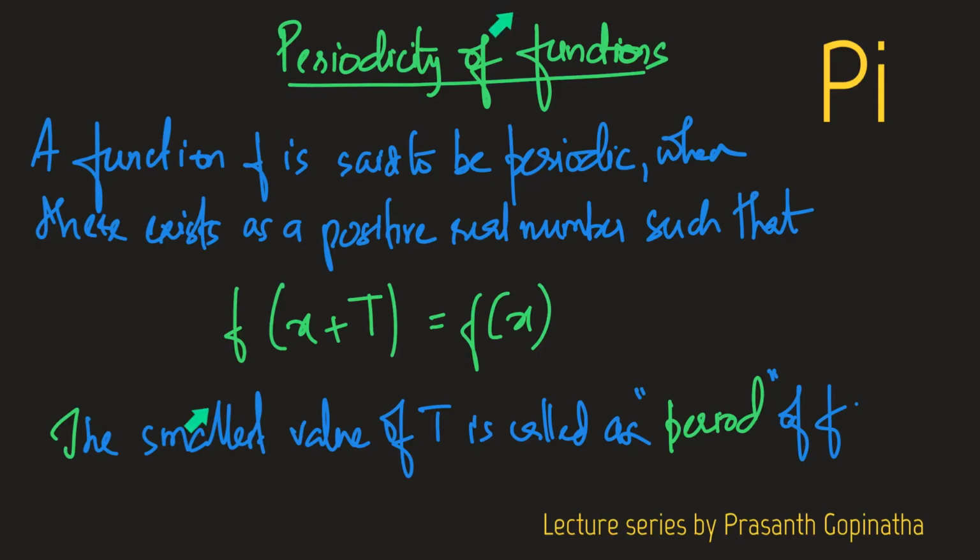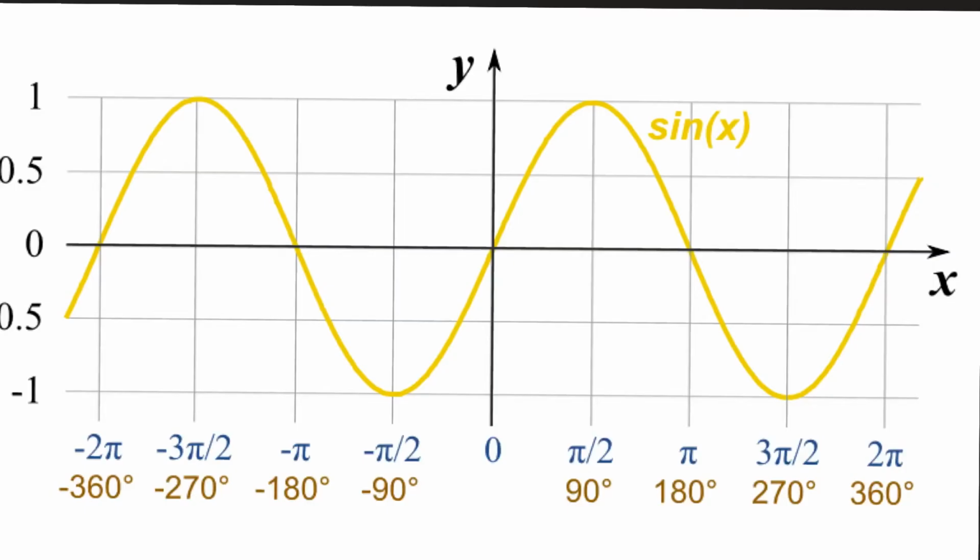Now let us see in detail what this is. If you observe this graph here, it represents the trigonometric curve y is equal to sine x. So guys, now let us see what we are talking about with the periodicity of a function. At 0, the value is 0. At pi by 2, the value becomes 1.